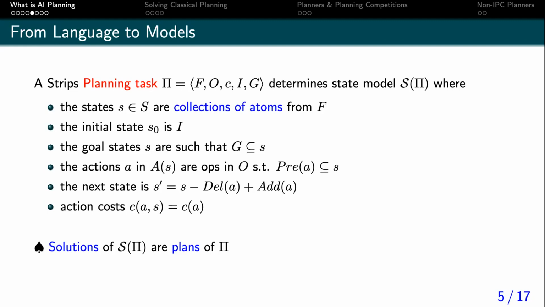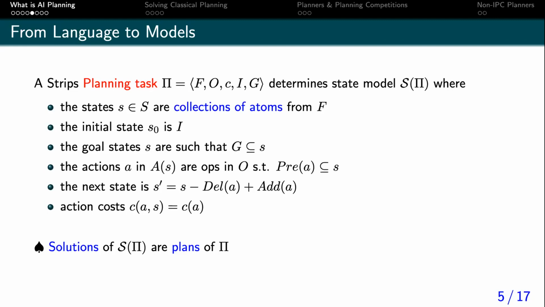And the next state is generated by taking the state, removing the set of delete effects, and adding the set of add effects. And you end up with a subset of atoms again, right?